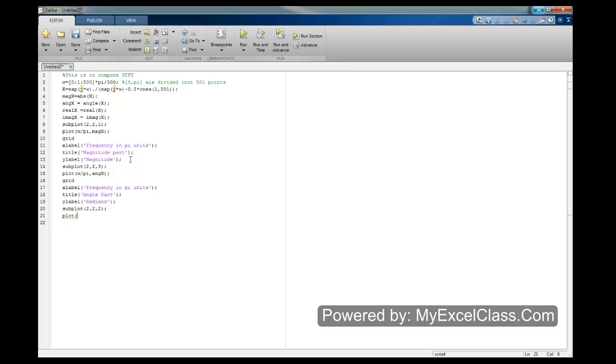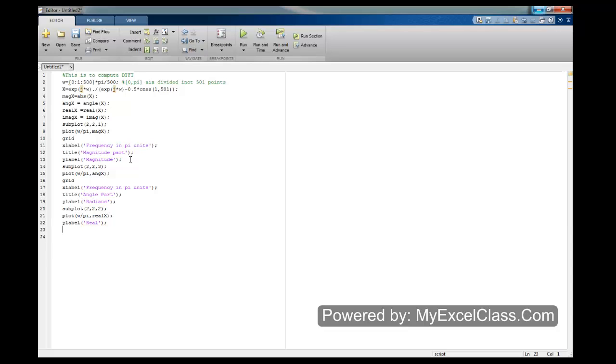So omega divided by pi, real capital X. Okay, real capital X, and y label will be, sorry, spelling is wrong, label will be real.